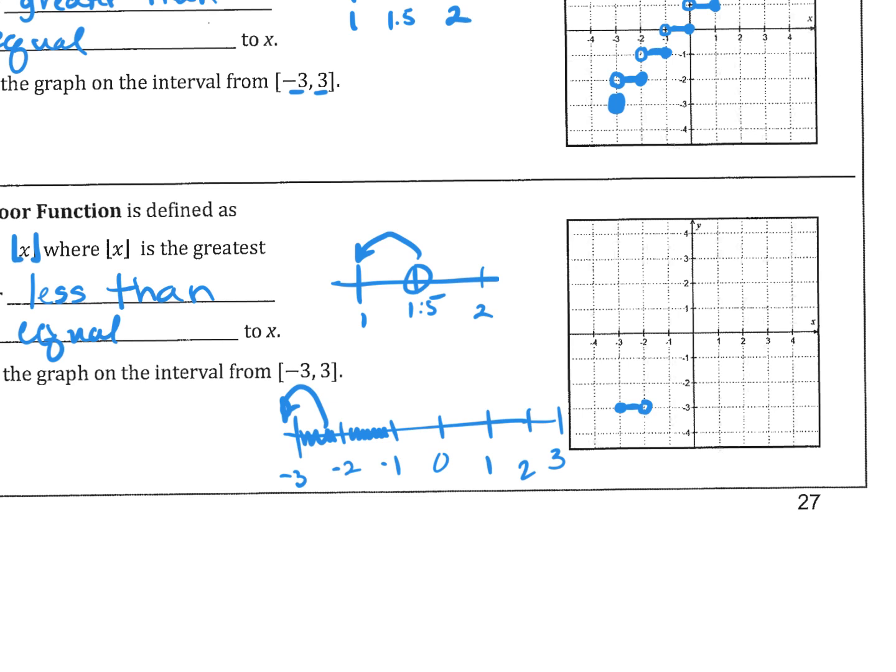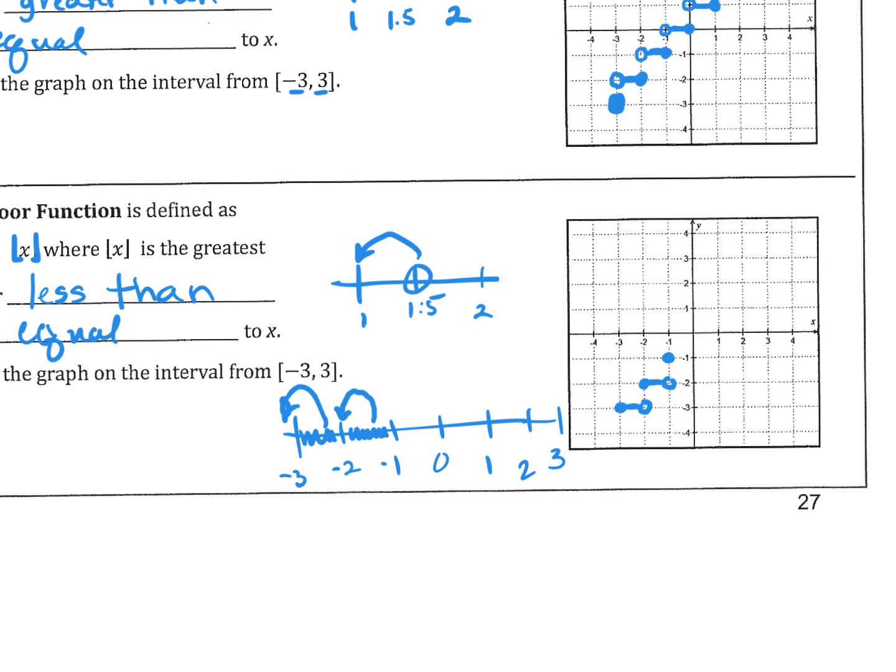At -2, it's -2, isn't it? And then what happens between -2 and -1? Stays down at -2, doesn't it? And then at -1, it's -1.